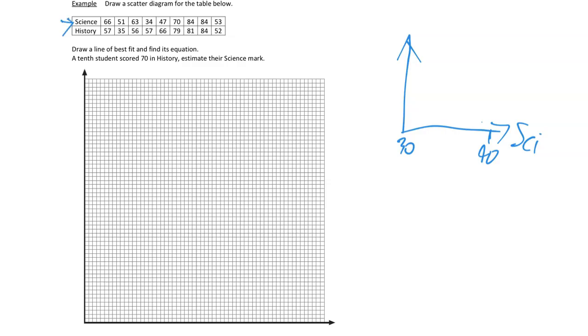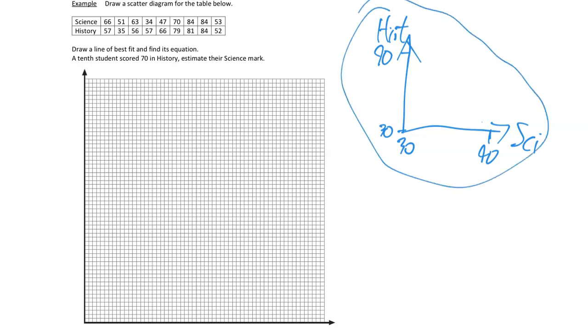So the first variable was the science, so it goes on the horizontal. So for history, again, we're going from 30, our lowest value in history. Highest value for history, again, we've got an 84, so do the same. That's quite nice. We'll go for 30 to 90 on both axes. And you can see you've got your history and your science. So there's a very rough sketch. I would do something like this at the side, just so we can see what we have.